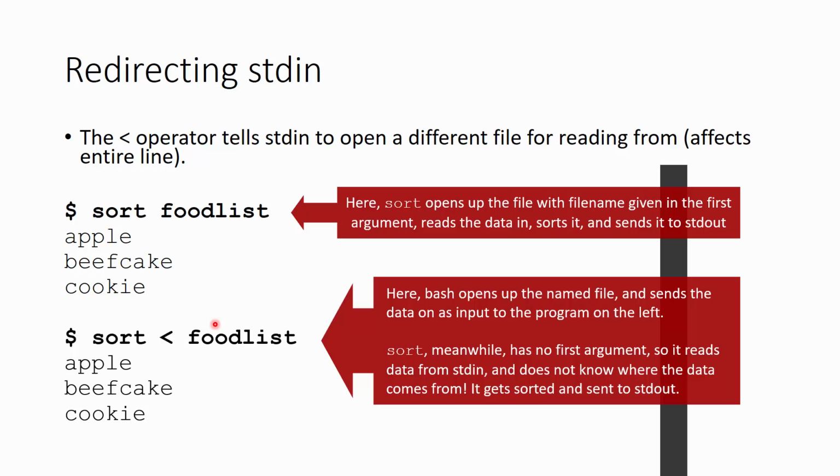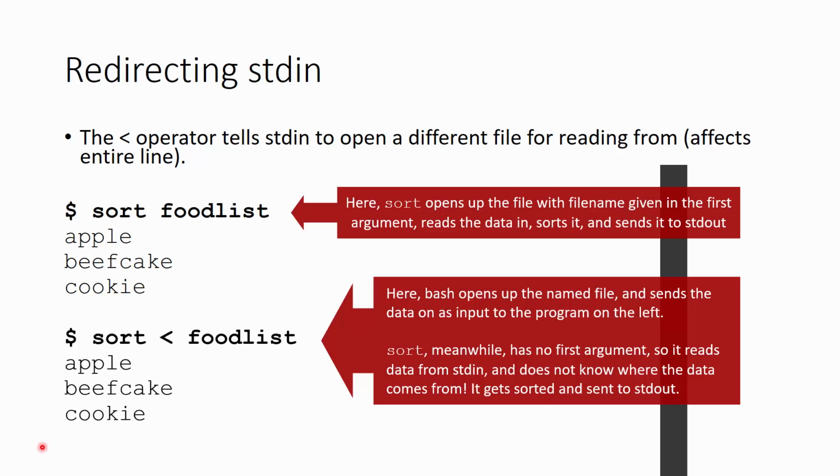Now, fortunately, we have provided redirection to standard input from a particular file. So here is a new operator. This is the one that points to the left, and this particular operator, the less than operator, is indicating that it is opening up a file called food list and providing that as standard in to the command sort.